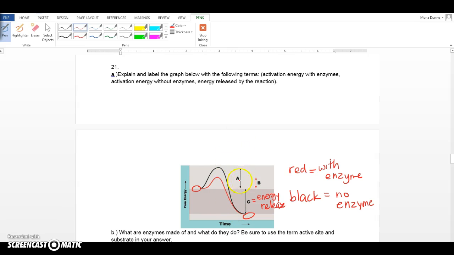But the only thing different is that enzymes lower the activation energy. So B is the activation energy with an enzyme. Okay, there's quite a bigger hump to go over if you don't have an enzyme.